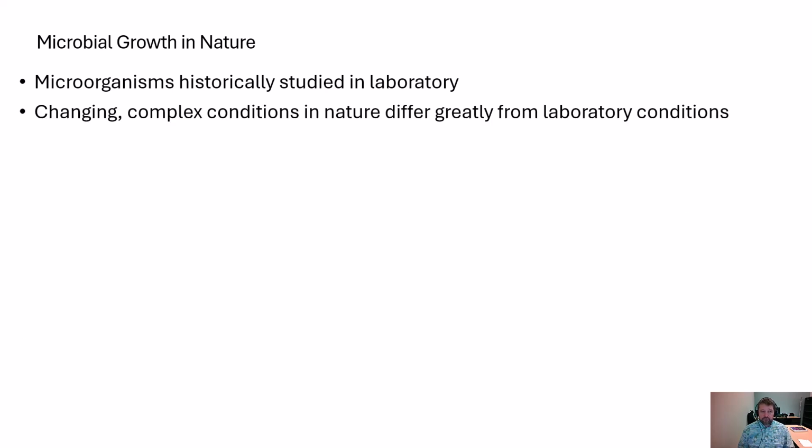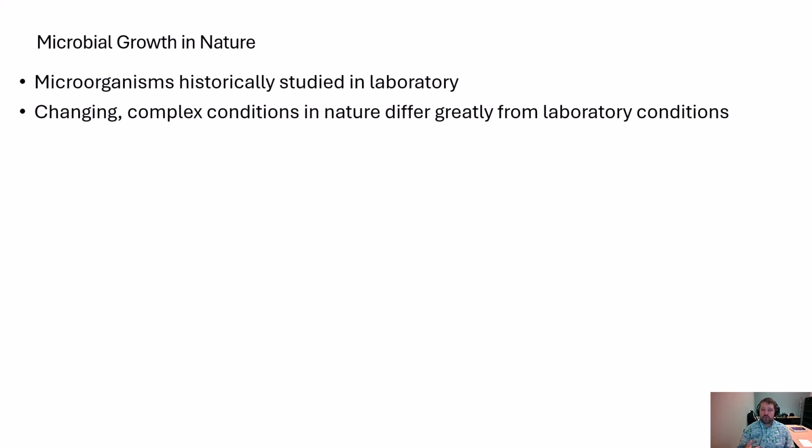So when you change conditions, and you can change them in a laboratory also, it's more difficult to replicate natural systems in a laboratory because we'd have to control for light, temperature, humidity, wind speed, the moisture level, and if they're in aquatic systems, the flow of the water.